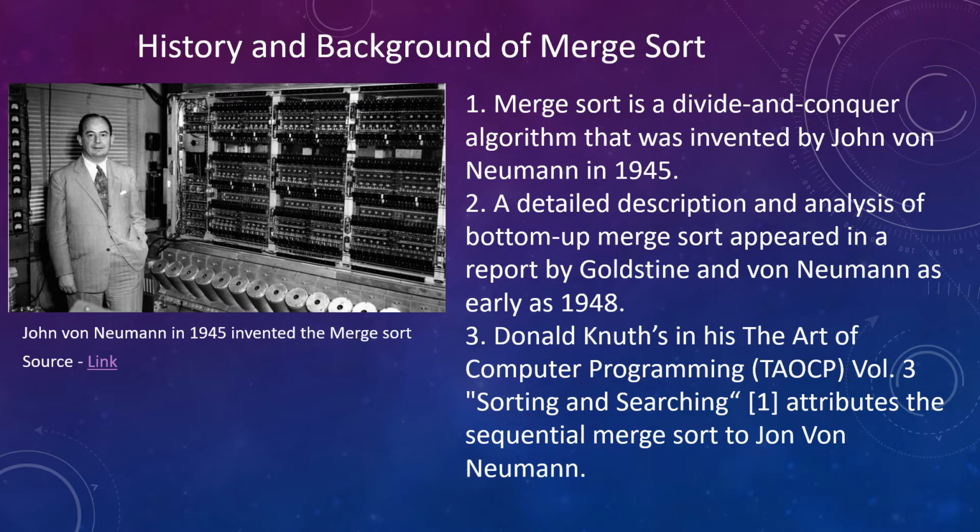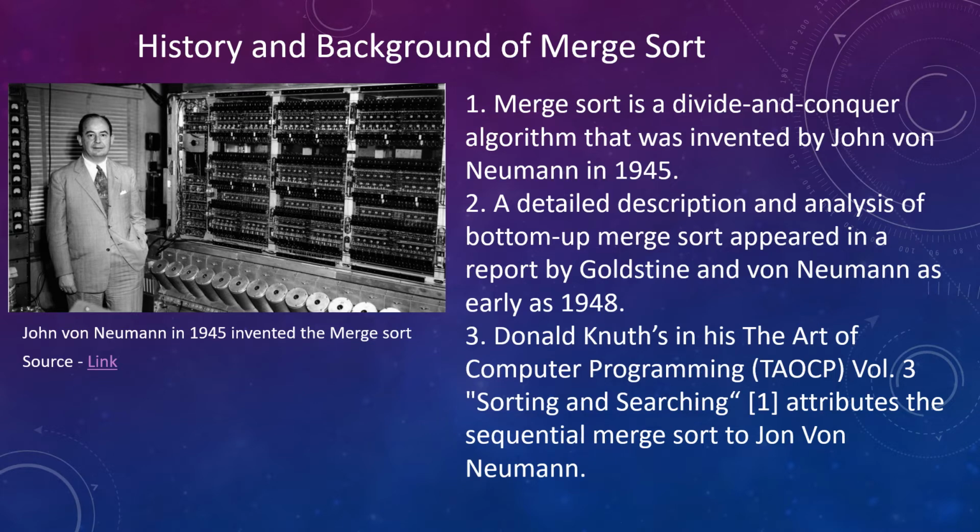He invented this algorithm because at the time in the United States, people were voting and their vote cards had to be sorted, and that kind of sorting took a lot of operations. He developed this sorting algorithm so that sorting the voting cards could be performed faster and more conveniently.